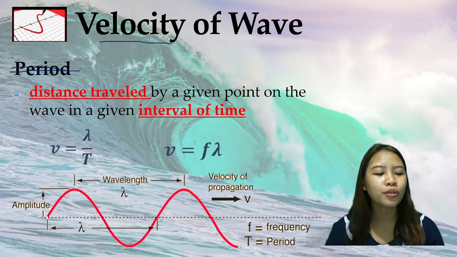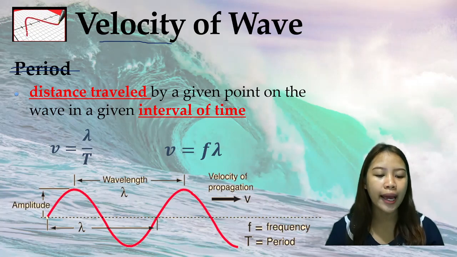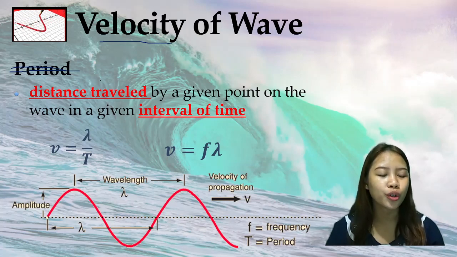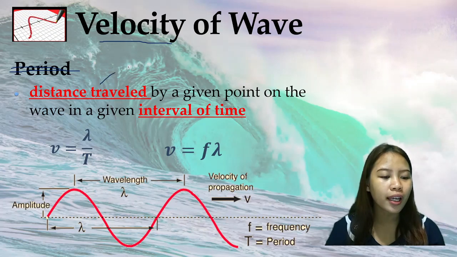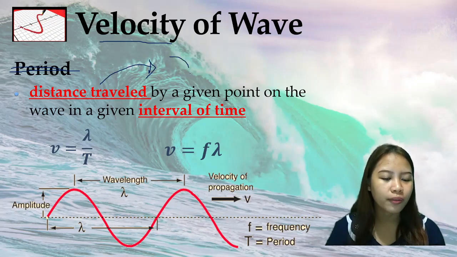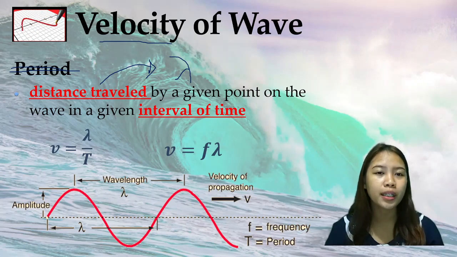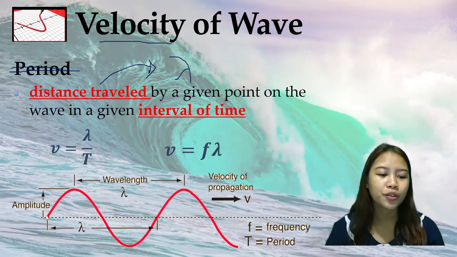Now, this is also distance over time. But what distance do we take? When we measure a wave, the distance traveled is the wavelength. And wavelength is represented by the Greek letter lambda.